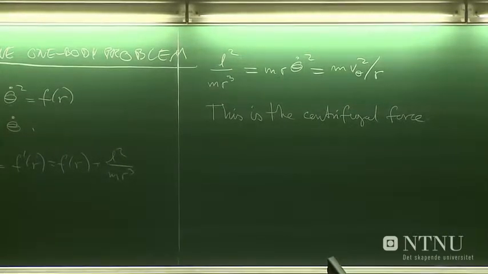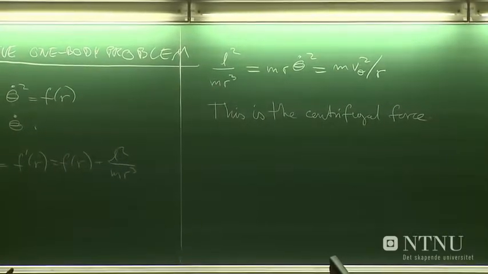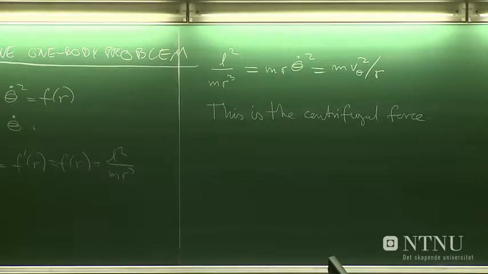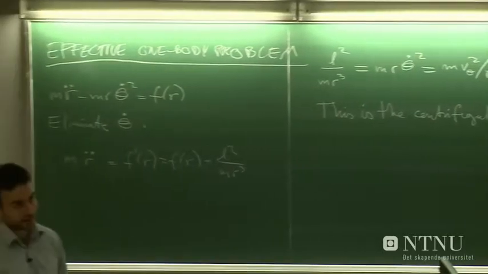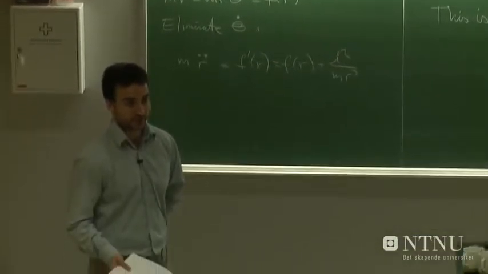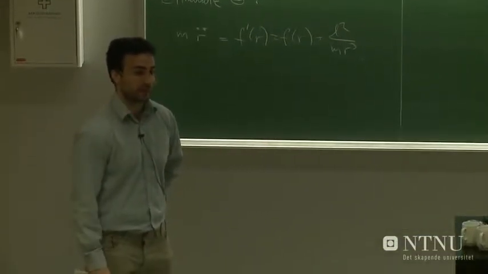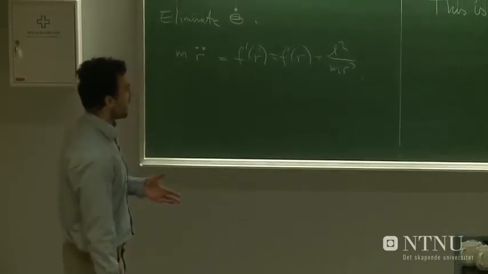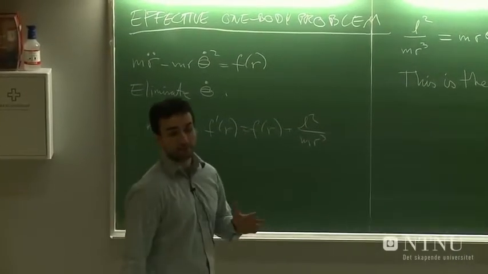The centrifugal force is a term which appears in different contexts and it has slightly different meaning depending on which context it appears in. For instance, you may be accustomed to thinking of the centrifugal force as something fictional, that is not a real force, it's something that appears in accelerated systems. And in a specific context, this may be the case.